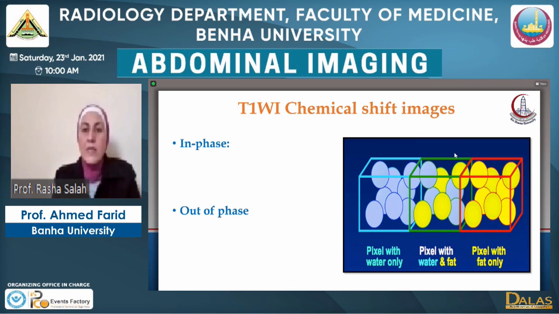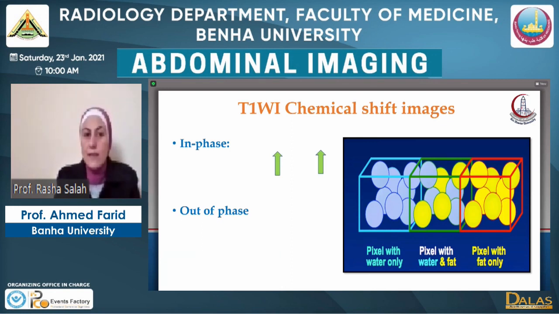The T1 chemical shift image assesses the tissue pixel by pixel. Every pixel could contain water only, or fat only, and also some pixels contain mixed fat and water. So in the in phase image, the signals from the water and fat are added together.